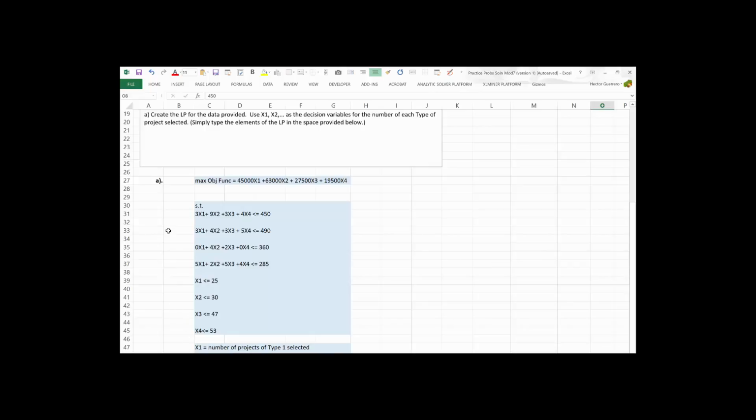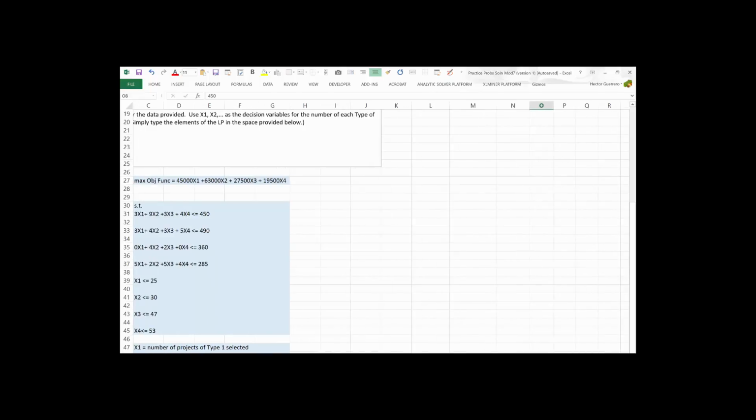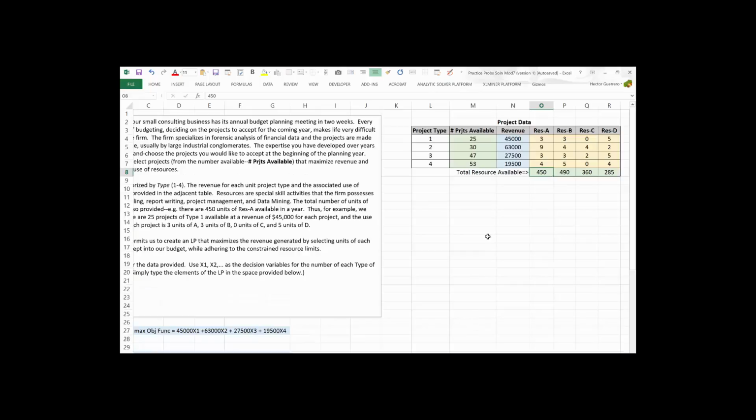The allocation of resources is done a little differently. 3 times x1, 9 times x2, 3 times x3, and 4 times x4 is the way we consume our resource A. So x1 projects take 3, x2 projects take 9, x3 projects take 3 units of resource, x4 projects take 4.